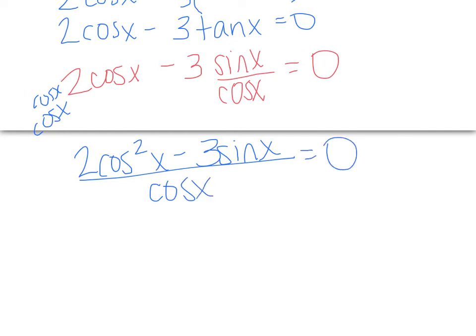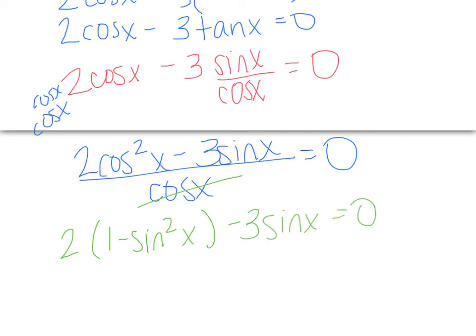When a fraction equals 0, we no longer have to worry about the denominator. It doesn't matter what it is as long as our top equals 0. And I needed an all-in-one trig function, so we're going to substitute cosine squared with 1 minus sine squared x minus 3 sine x equals 0.